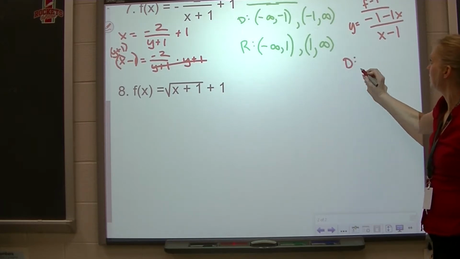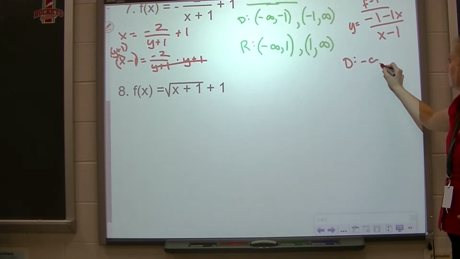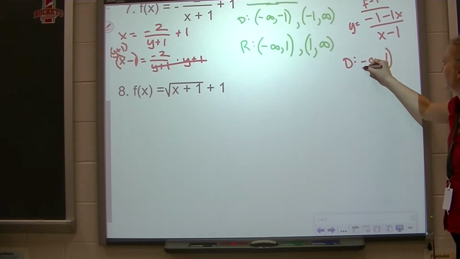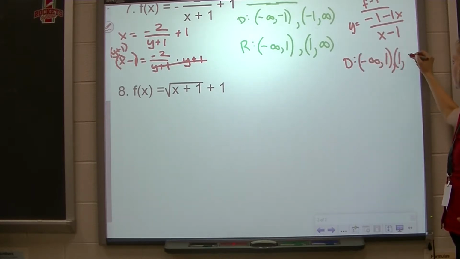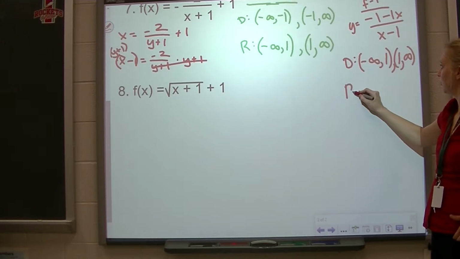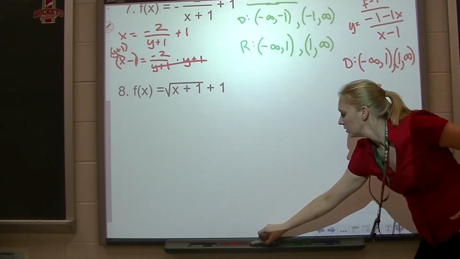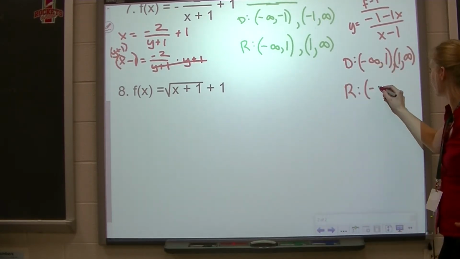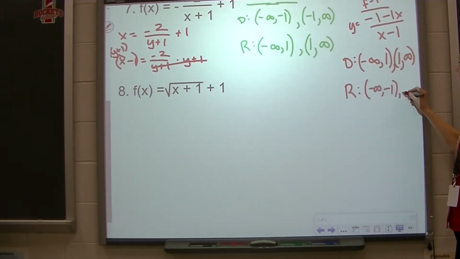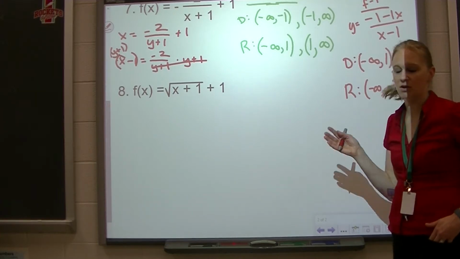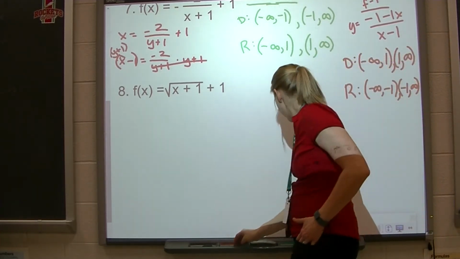The domain is going to be negative infinity to positive 1 and positive 1 to infinity, and the range is going to be negative infinity to negative 1 and then negative 1 to infinity. I'm going to let you look and think of how I maybe came up with that without graphing it. If you can't think about it, I will show you after this next example.